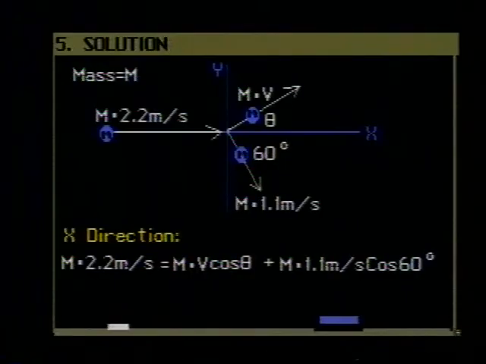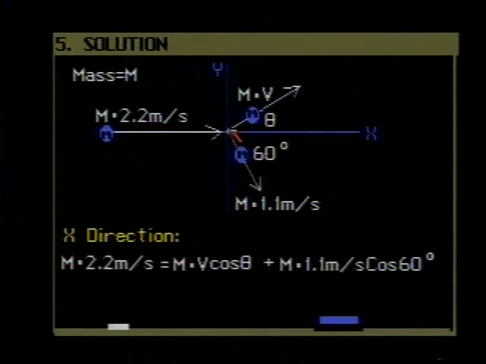Here's a diagram representing the momenta. The mass of the cue ball and the 8 ball is not given. The mass is the same, and we'll just call it m. The momentum of the cue ball before the collision is the mass times its velocity, 2.2 meters per second.